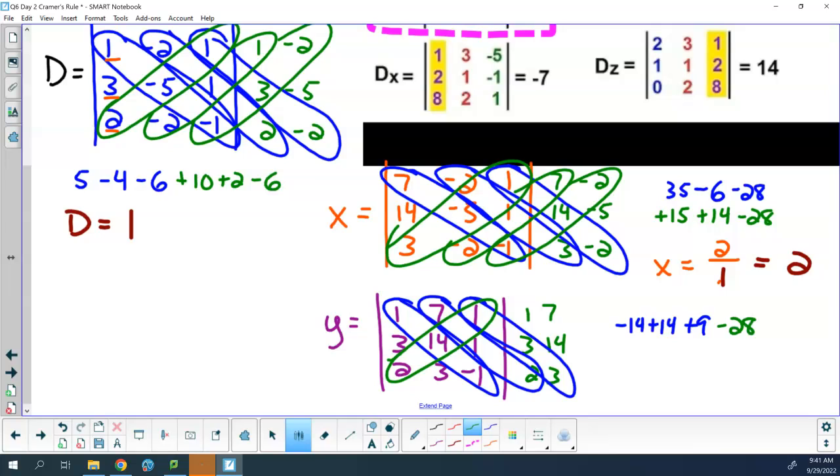Then we've got minus 3. Then we've got plus 21. 0, 9, negative 19, negative 22, negative 1.